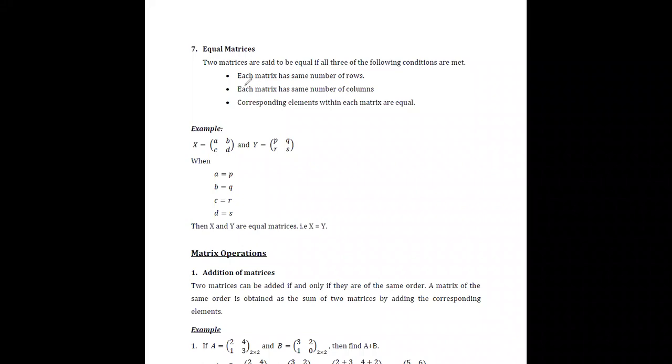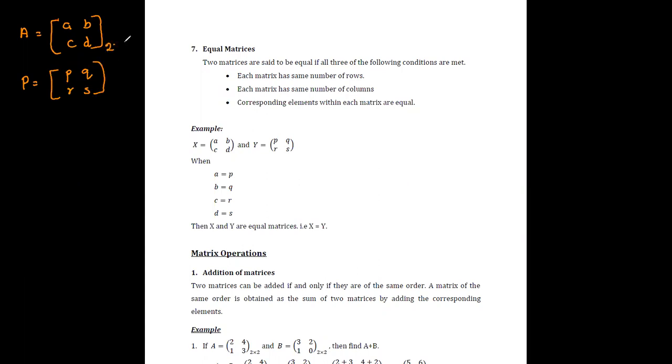If all these three conditions are satisfied, then such matrices are said to be equal matrices. It is quite in this form. Say A is a matrix having the elements a, b, c, and d, and let P be a matrix having p, q, r, and s.